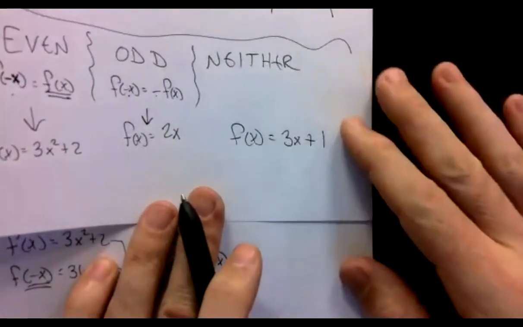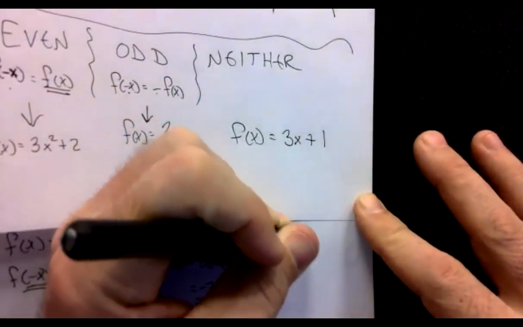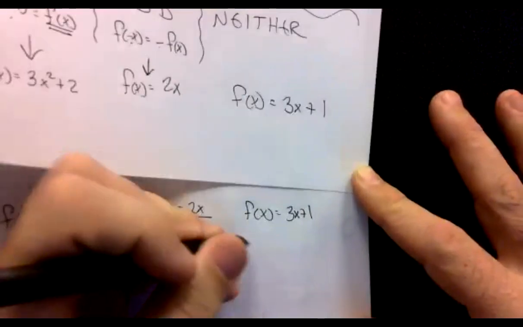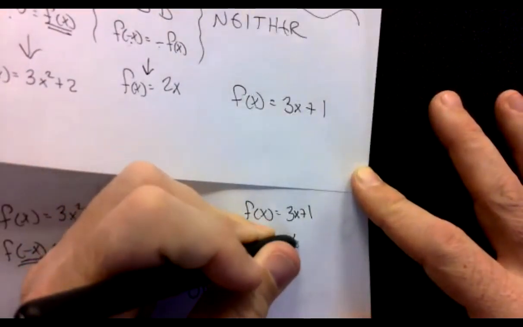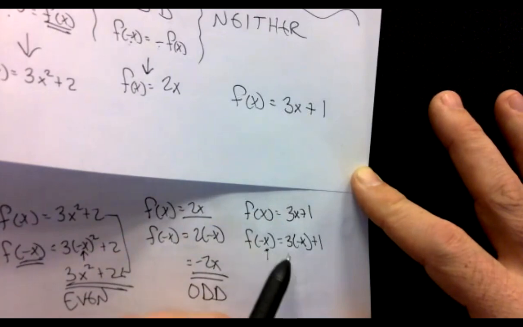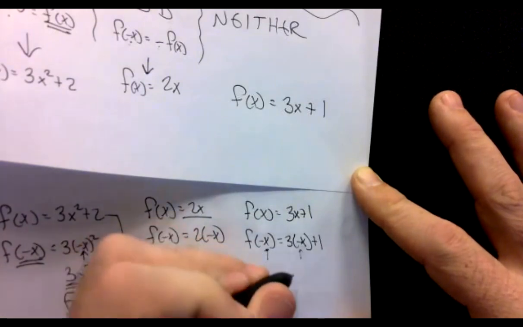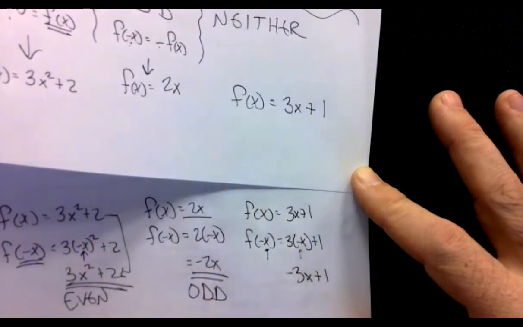I do 3x plus 1. Again, if I plug in my negative x, 3 times negative x is a negative 3x plus 1.